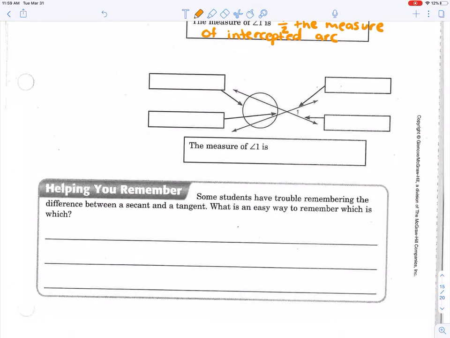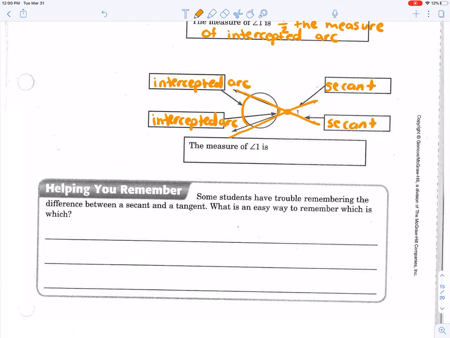Now in this case, I have not just one intercepted arc, but I have two. Given those two, I also not only have one secant, but I have two. It's going through both at two different places.